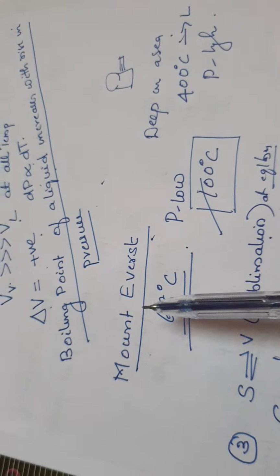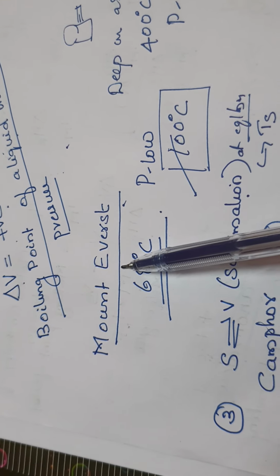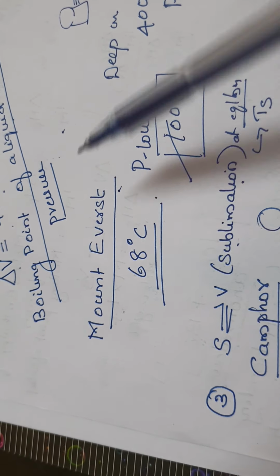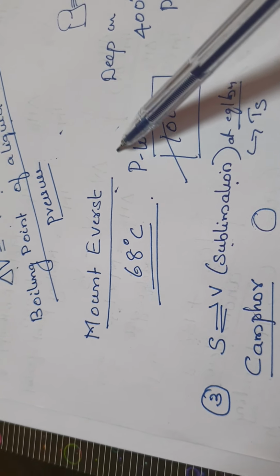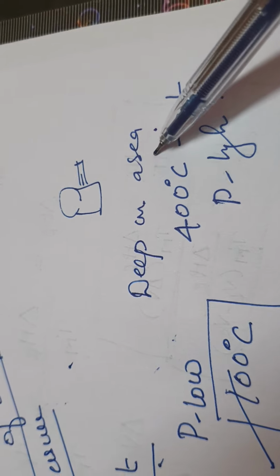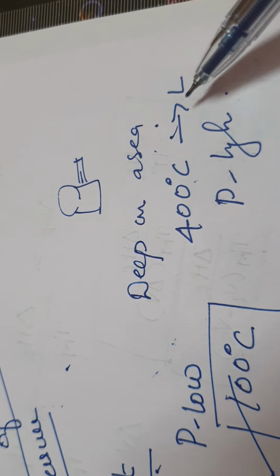This is why if you take a saucepan of water and try to heat it at the top of Mount Everest, it will be boiling at 68 degrees itself, because at the top the pressure is low. Now if you take the same water deep in the sea, at 400 degrees centigrade also it will exist in liquid form, because pressure is high.